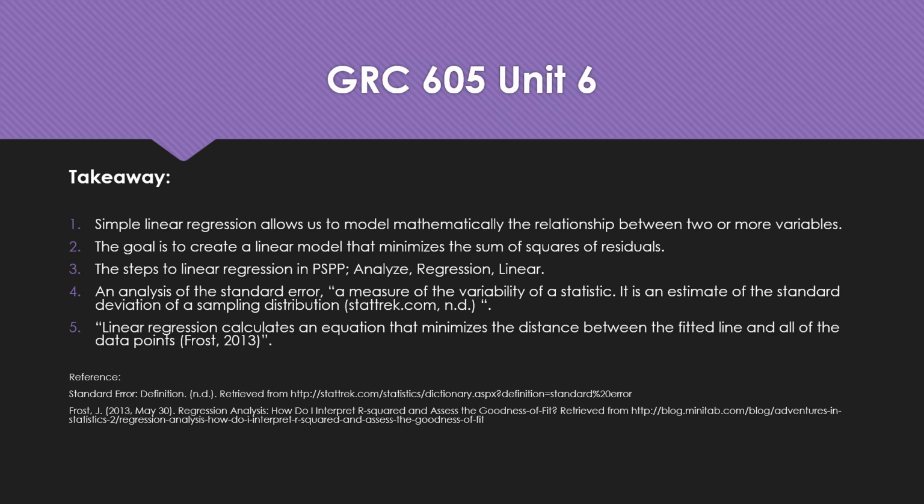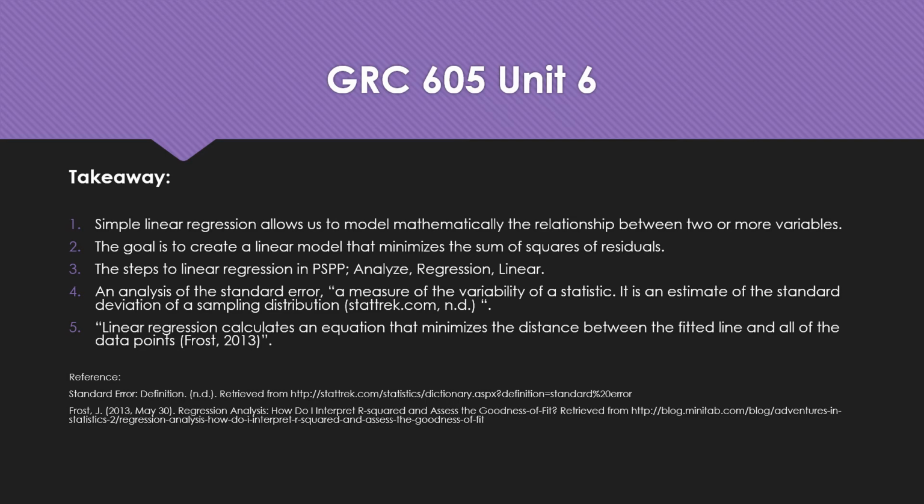Our takeaways from today's tests. Number 1, simple linear regression allows us to model mathematically the relationship between two or more variables. Number 2, the goal is to create a linear model that minimizes the sum of squares of residuals. Number 3, the steps to linear regression in PSPP are to analyze, regression, and then linear.